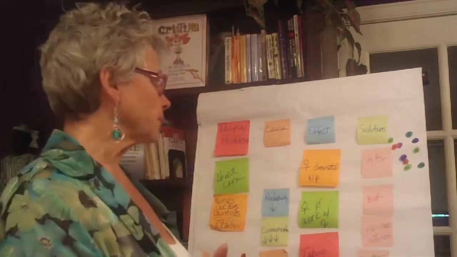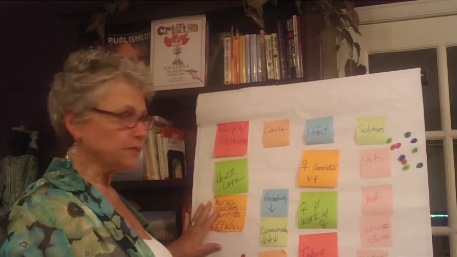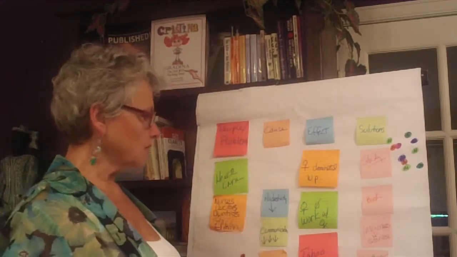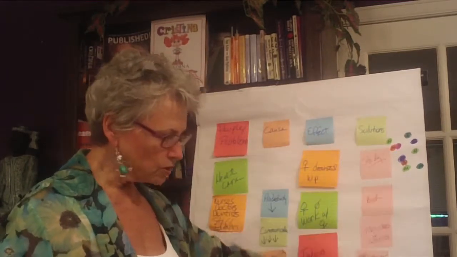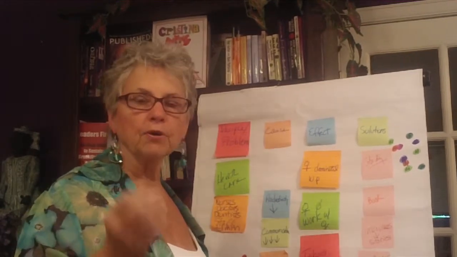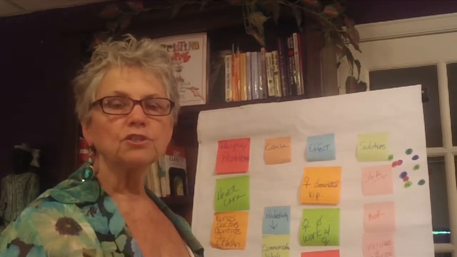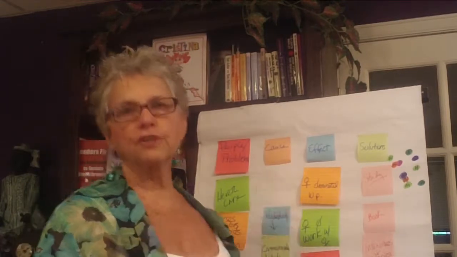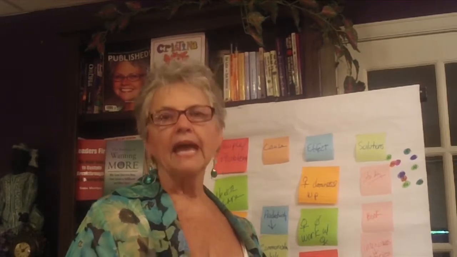So the structure of a book with what's the problem, who are the people that are affected by it, what's the causation of it, what's the effect of it, and what are the solutions to it will really be the ingredients that will put together a book for you in the nonfiction area that has meaning, solutions, and answers for your reader. For your fiction, it sets up the whole frame of what's happening to your hero or heroine, what got them into the mess, and how they go about getting out of it.